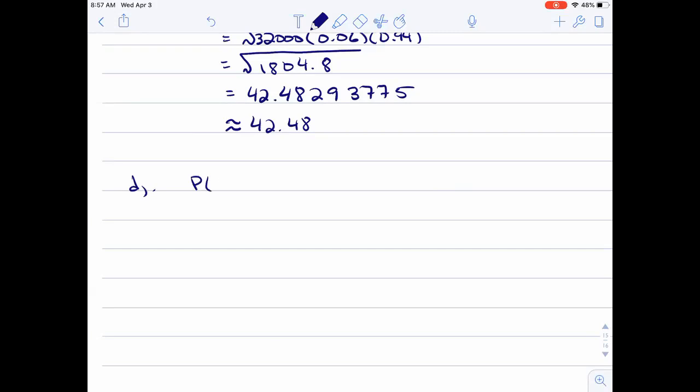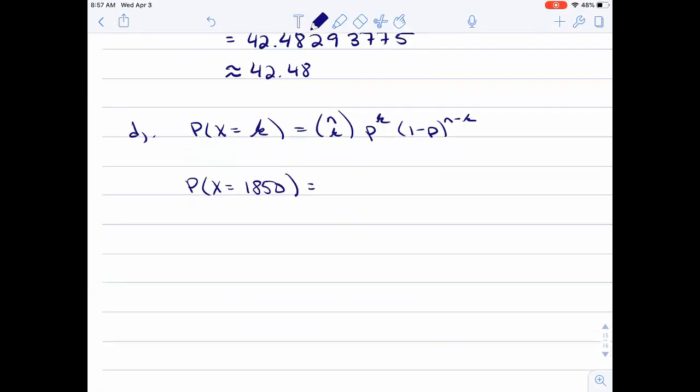The probability that X equals, I'll do the general one, K, is N choose K times P to the K times 1 minus P to the N minus K. So the probability that X equals 1850 is 32,000 choose 1,850 times 0.06 to the power of 1850 times 0.94 to the power of 32,000 minus 1850, which is 30,150.